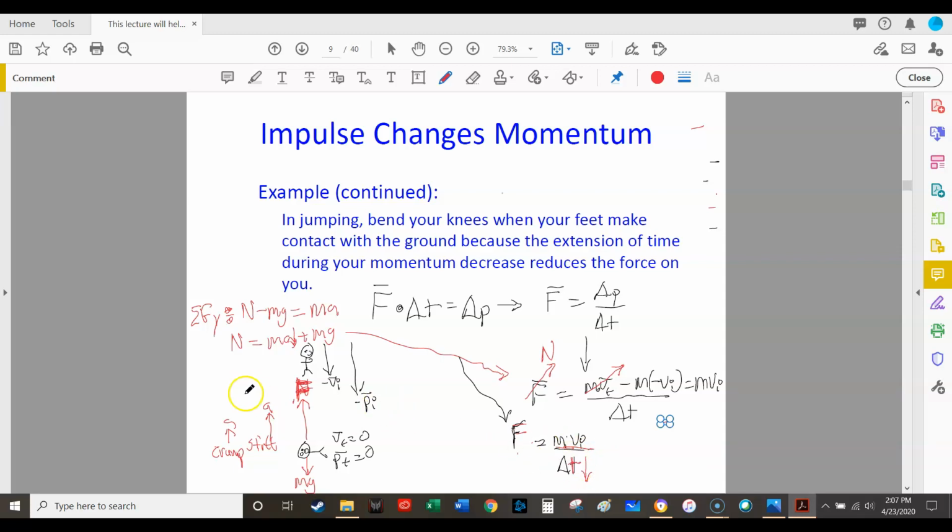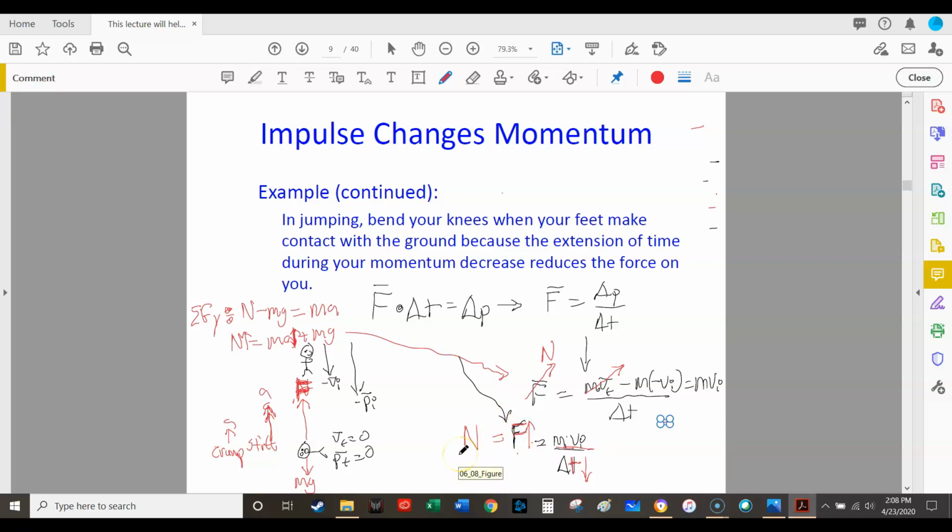And by lowering your time of impact, that's going to increase the acceleration. So it's going to have a larger acceleration. Since your mass times gravity isn't changing, then that's going to increase the normal force, which is going to increase the force of the ground applied to you. Again, this is the normal force in this case, okay?